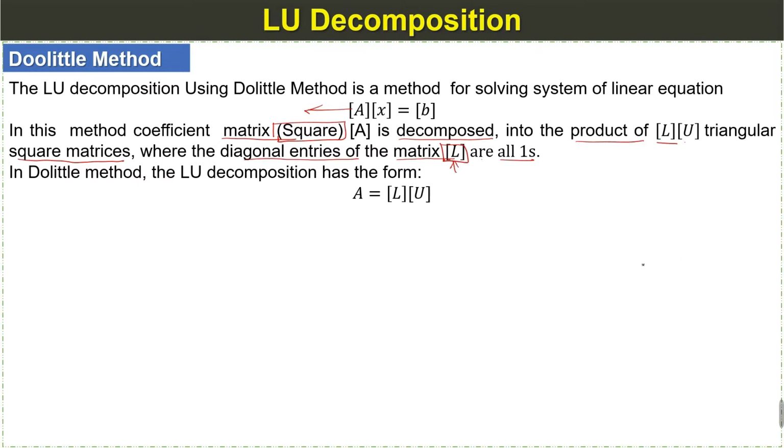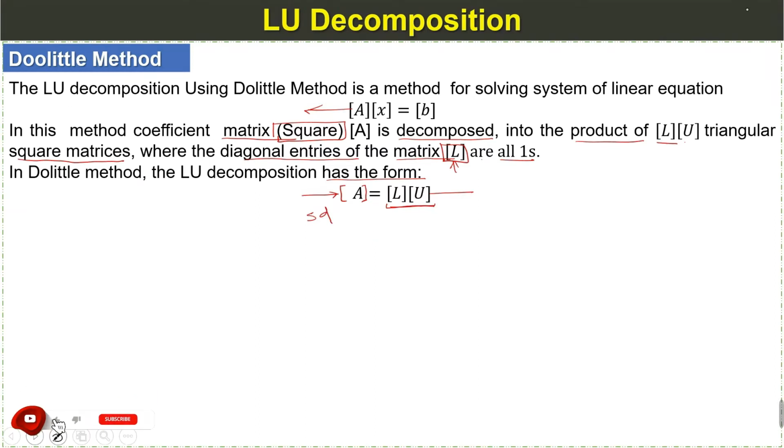In the Doolittle method, the LU decomposition has this form: we decompose the coefficient matrix into the product of a lower triangular matrix and an upper triangular matrix. Here the coefficient matrix is a square matrix, and these two matrices will also be square matrices.